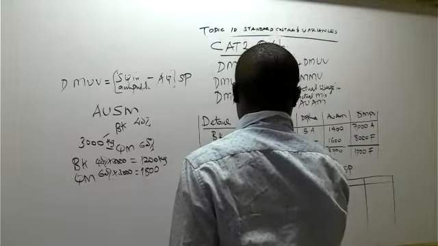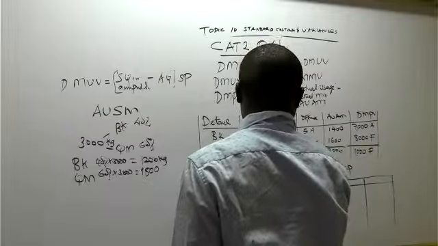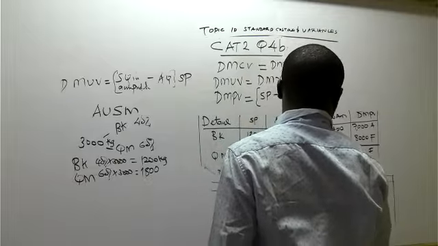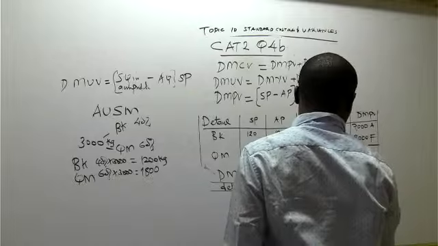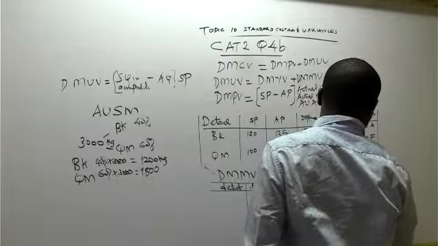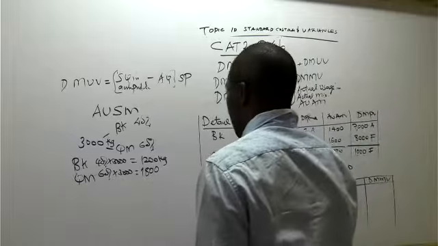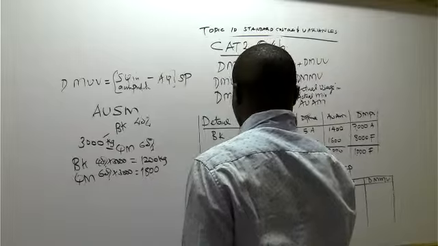You give us now the actual usage in standard mix, actual usage in actual mix, then you multiply by the standard price. So we get the difference, standard price, and then direct material mix variance.